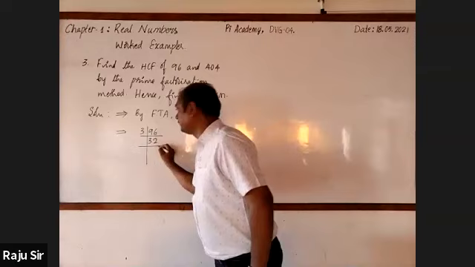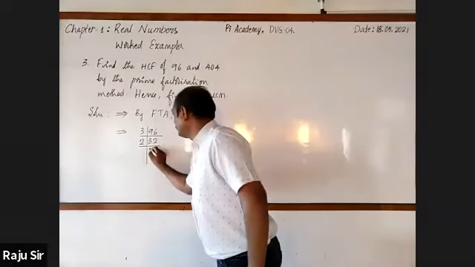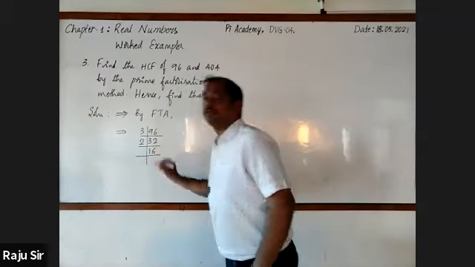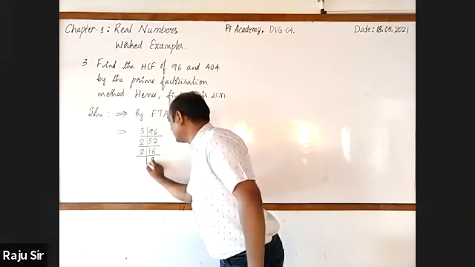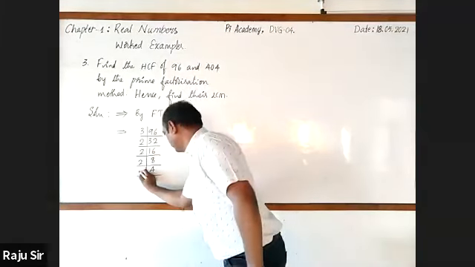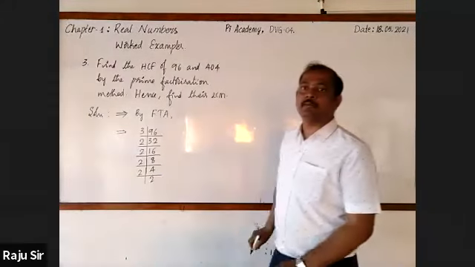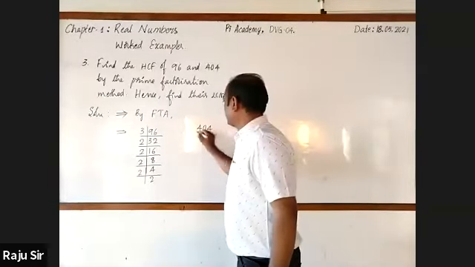Then 2s. 2 16s are 32. 2 8s are 16. Then 2 4s are 8. 2 2s are 4. Very good. You're right. Then 404.